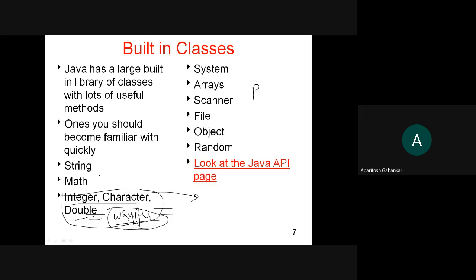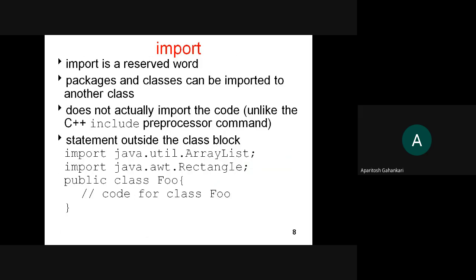All of Integer, Double, Character, Float, all these classes are available, and this bundle of classes is collectively known as wrapper classes. Then you have System, Array, Scanner, File, Object, and many other inbuilt classes.